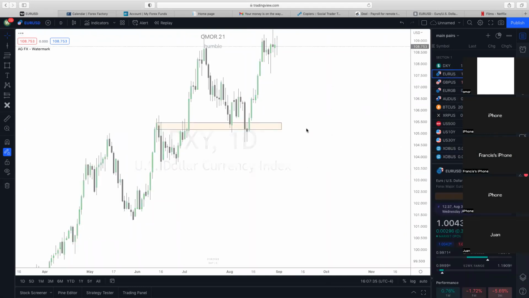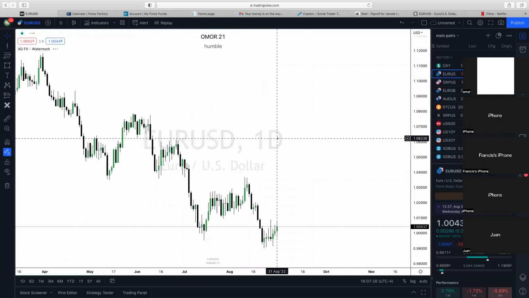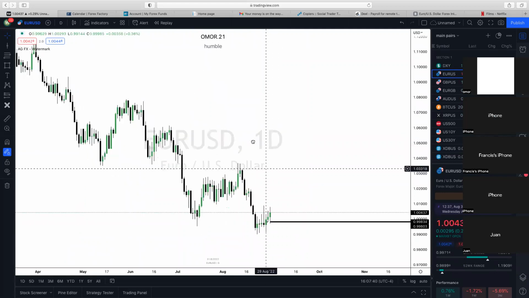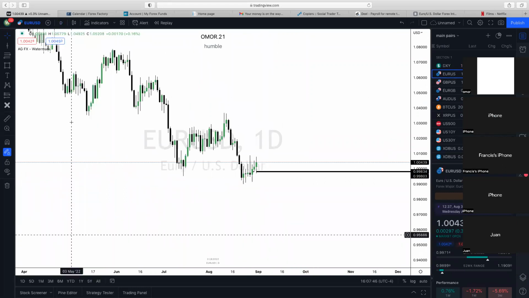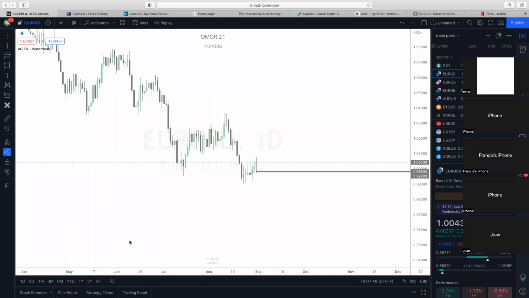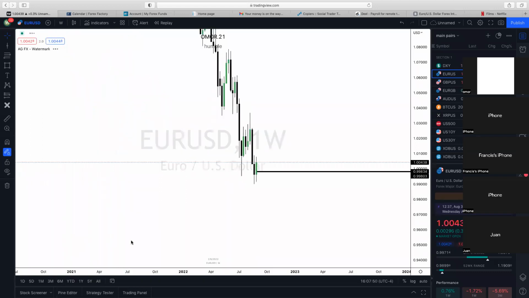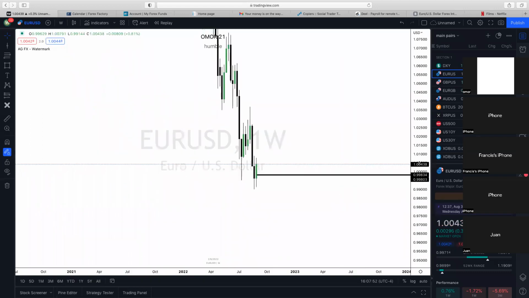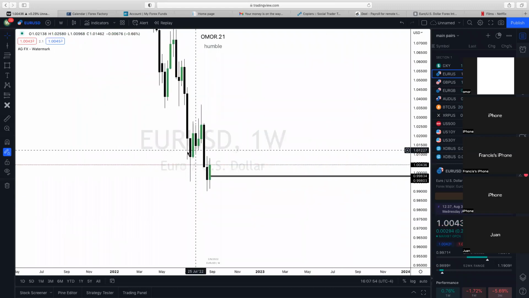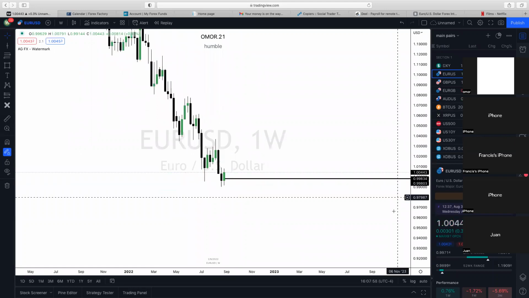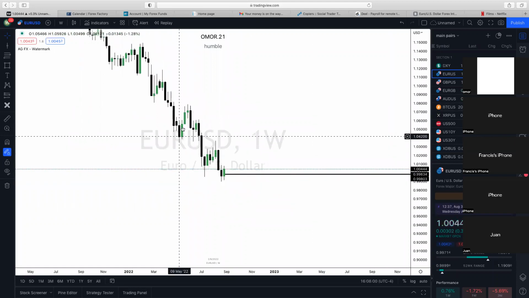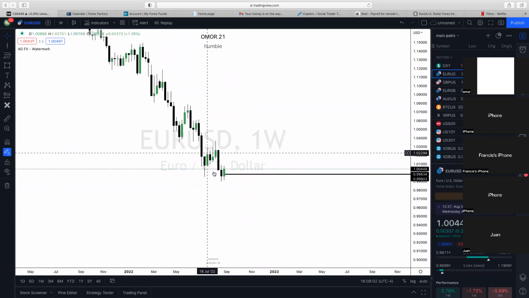Now for the reverse of that, if you go into Euro, it should be an opposing mitigation block, right? If we go on the weekly, I believe. So on the weekly, right? We see this retracement higher, we see a few of them. You see how there's this retracement higher and then the move down.